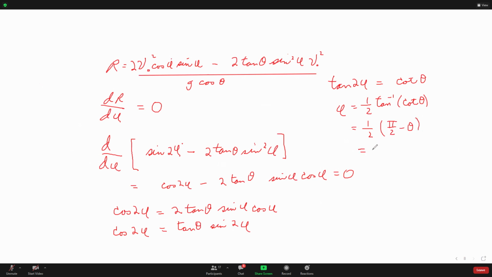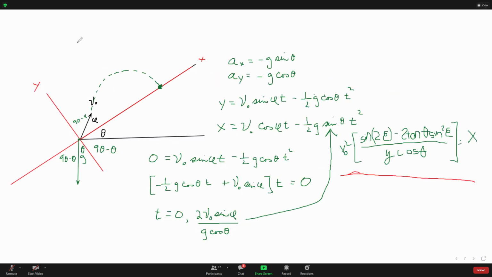So the optimum angle becomes pi over 4 minus theta over 2. So let's go back and look at our picture again. Okay, so the optimum angle here, theta max equals pi on 4 minus theta on 2.